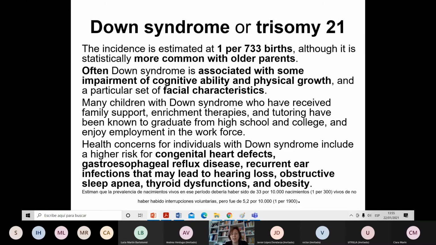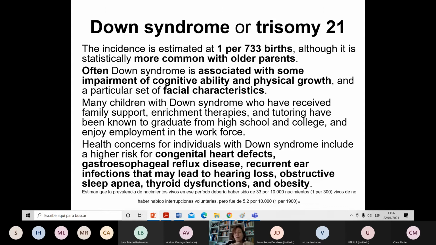Unfortunately, the rate of these births is decreasing. And when I say this, one says, well, better, no? Now it's not 1 out of every 700, but it's getting to 1 out of 2,000. Why is the number changing?